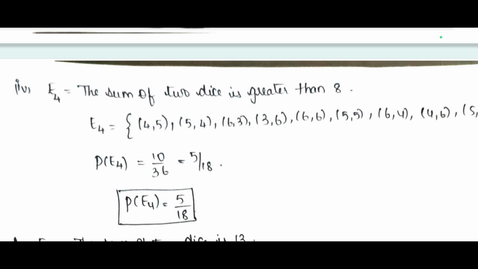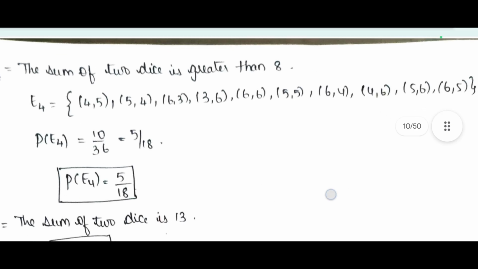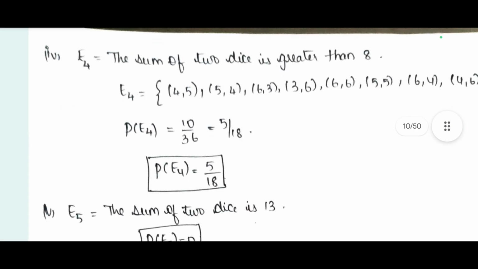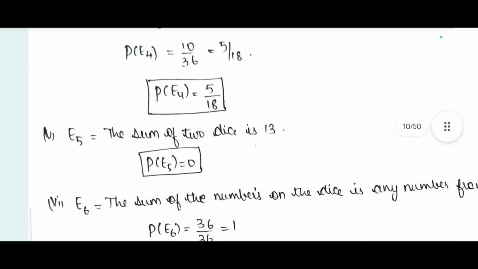Yes, 9: 4 plus 5, 5 plus 4, 6 comma 3, 3 comma 6, 6 comma 6, and 5 comma 5, 6 comma 4, 4 comma 6, 5 comma 6, and 6 comma 5. How many cases are there? 10. 10 divided by 36, that is 5 divided by 18.